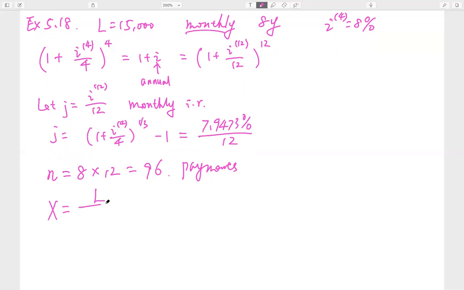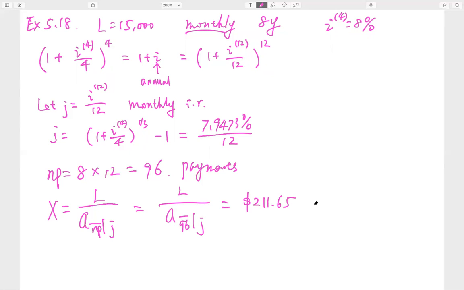This will be L divided by a angle n, but now at rate j. I don't like the textbook notation for this; it's not helpful, because we have the standard formula and there's no need to go through that. Once you do the computation, you will see it's about $200.